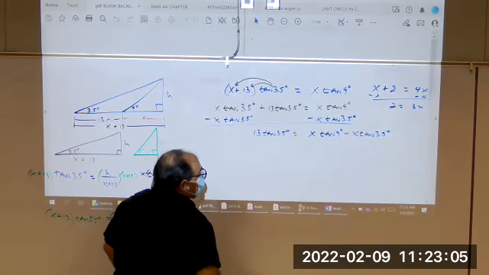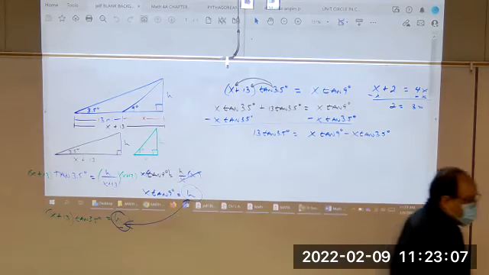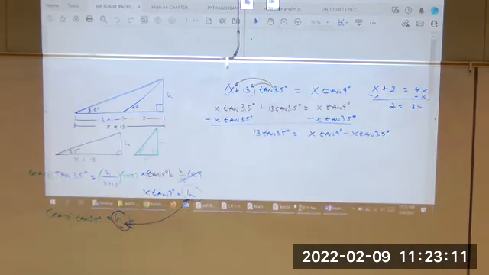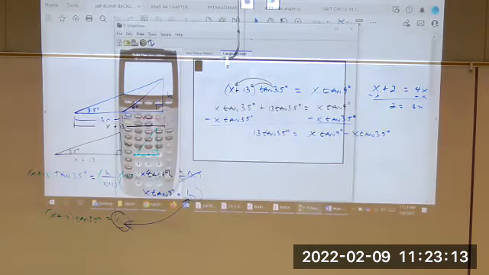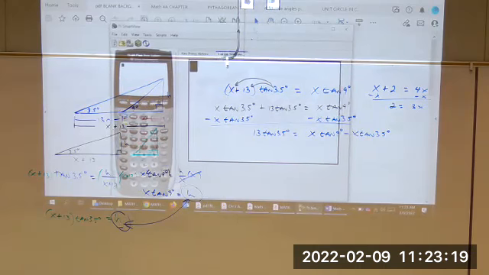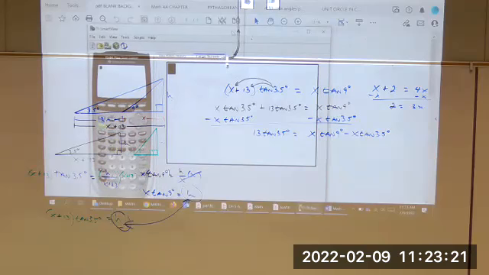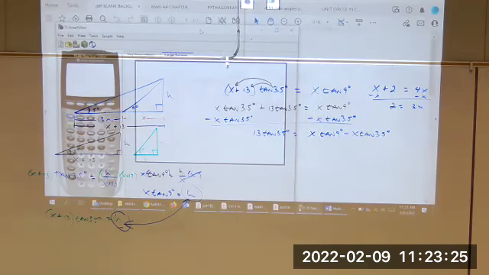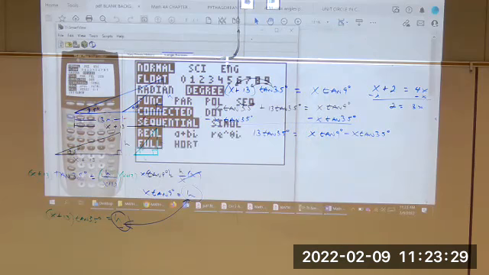So let's calculate. Make sure your calculator is in degrees. You've got to get your calculator in the mode, or in this case, in the mood. So the tangent of 3.5, make sure I'm in degrees. Yep.